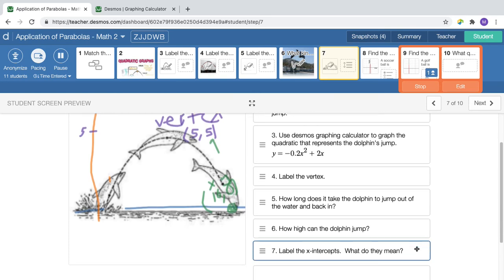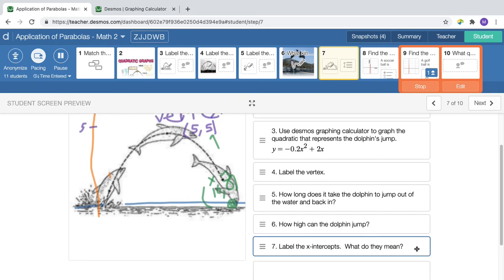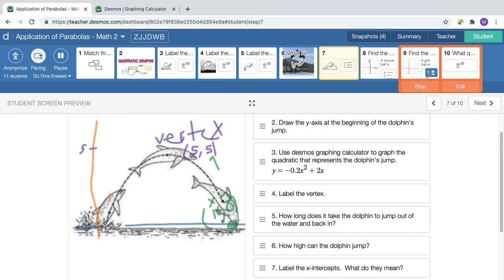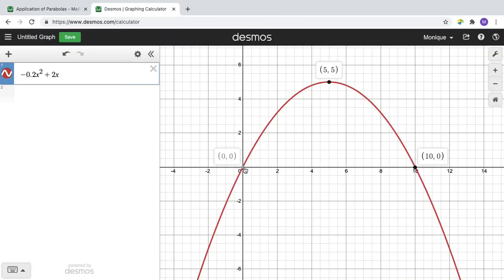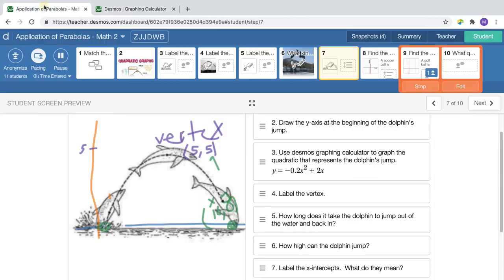And then the last thing says label the x-intercepts, and what do they mean? Well, one of them we talked about. The 10 represents 10 seconds have gone by, that's time, and he is at 0 height. And then the other 0 would be here. If I go over to my graphing calculator, that point is (0, 0).